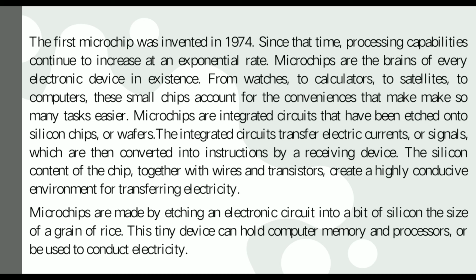Microchips are made by etching an electronic circuit into a bit of silicon the size of a grain of rice. This tiny device can hold computer memory and processors or be used to conduct electricity.